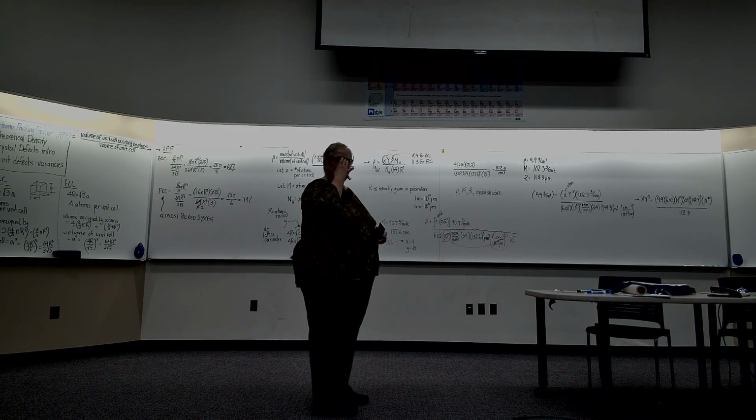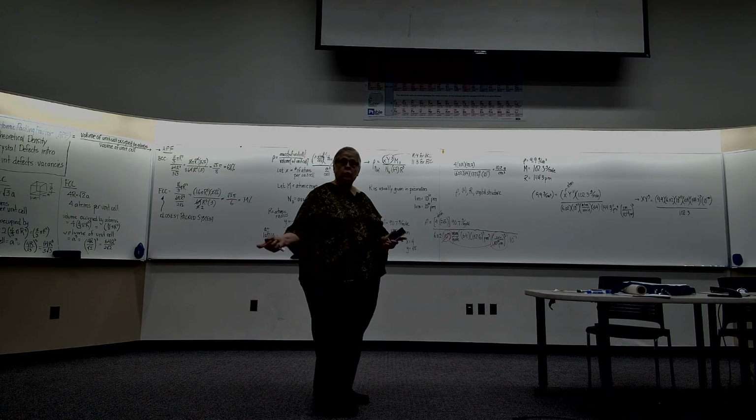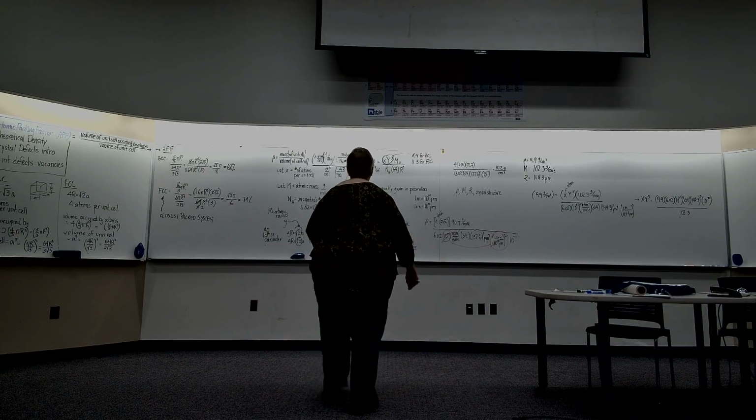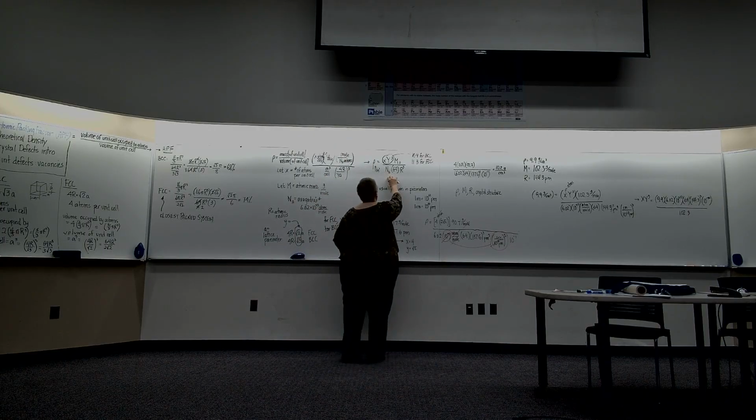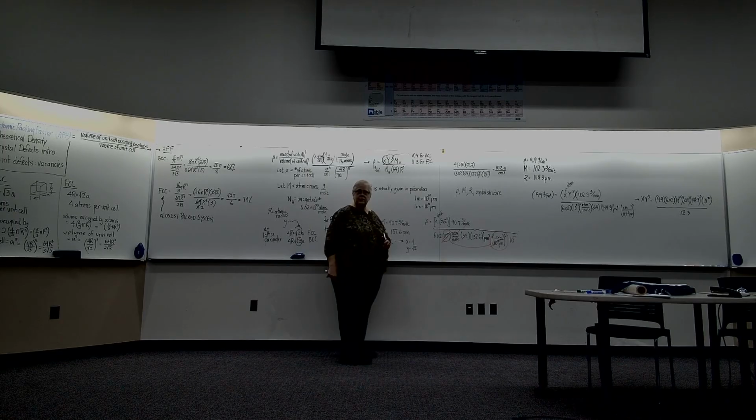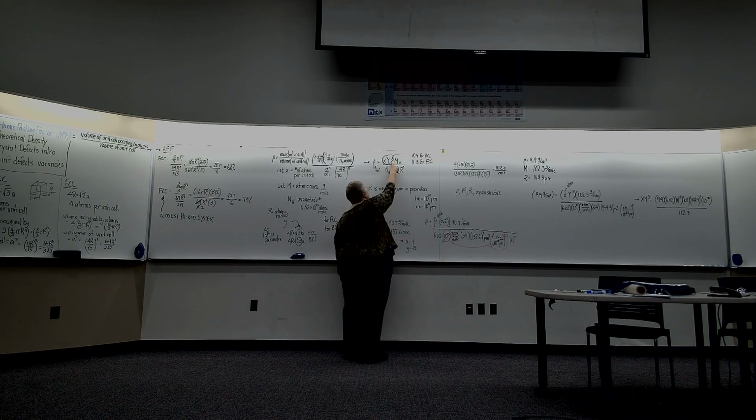Now again, on their equation sheet, you'll get this equation, but not the terms defined. I'd rather guess that it's FCC and put the numbers in and solve it and see if I get that number. If you don't get that number, it might be a math error.